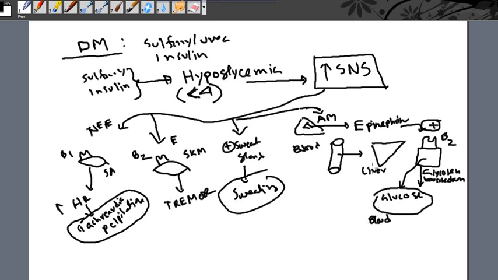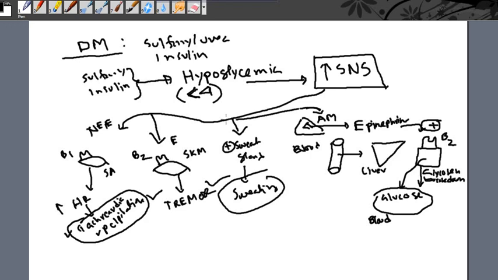So all these things, like tachycardia, palpitation, tremor, sweating, are the warning signs of hypoglycemia. And if blood glucose reduces further, there will be decreased blood supply to the brain, and there will be brain dysfunction. Various functions of the brain may be hampered, like vision and other problems the patient may feel, right?